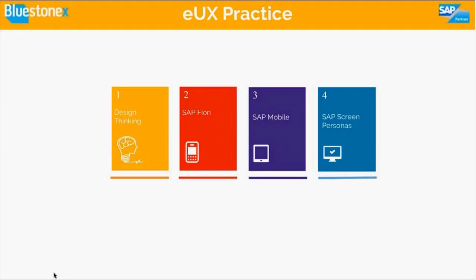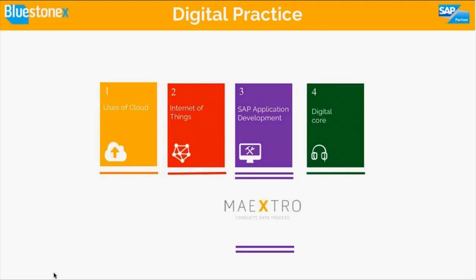We use design thinking as a methodology. We're also bringing new products out into the SAP space, so this whole area of add-ons within SAP is where we're focusing. Maextro is one area that we think is going to add value to most enterprises.